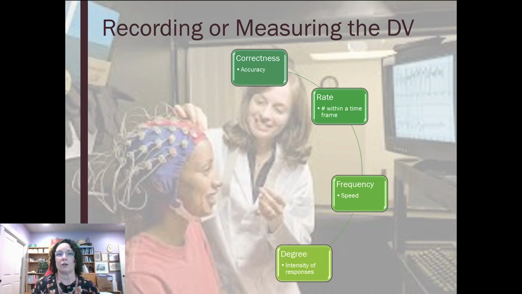Degree, like are you doing it a lot? Are you doing it hard? An example of a degree measure would be one stand-in for aggression in research on aggression, which is to have people turn the knob on what they believe to be the volume on their neighbor's headphones, and they think that they are determining the volume of the white noise that's going to blast their neighbor in their headphones.